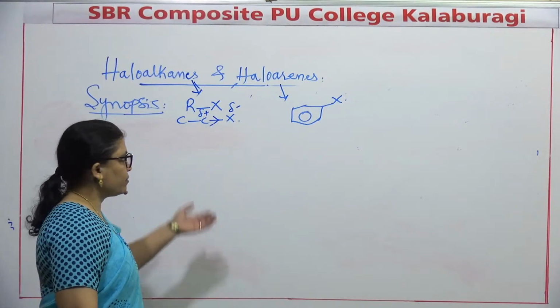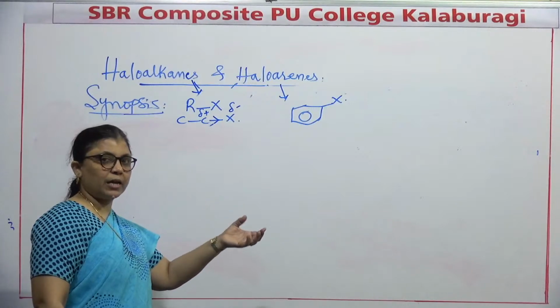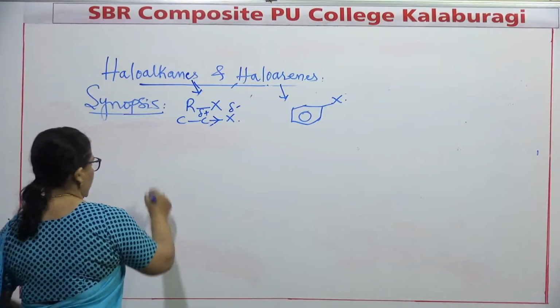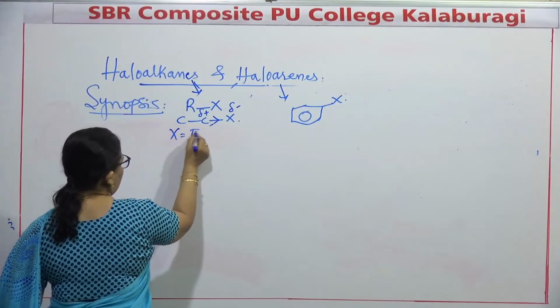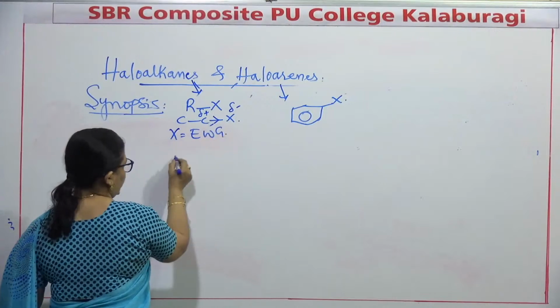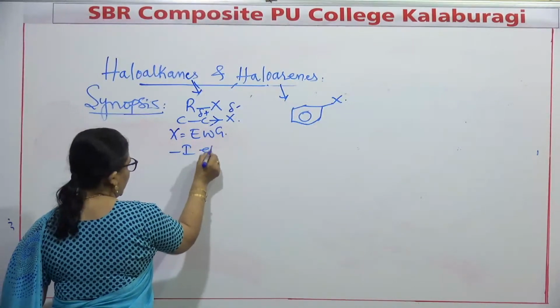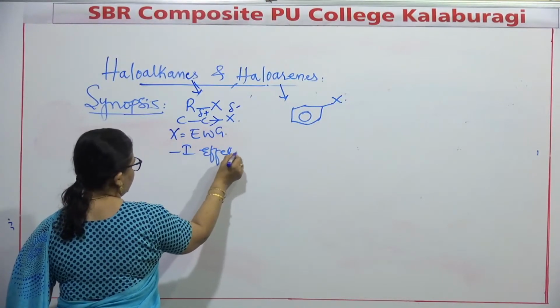That's why X is a substituent that withdraws electrons. X behaves as an electron withdrawing group. Therefore, a negative inductive effect is possible.